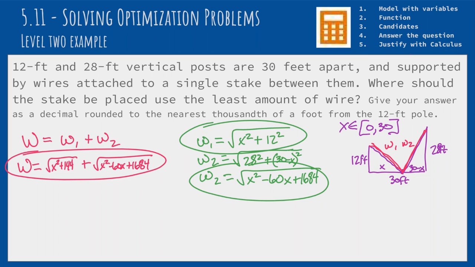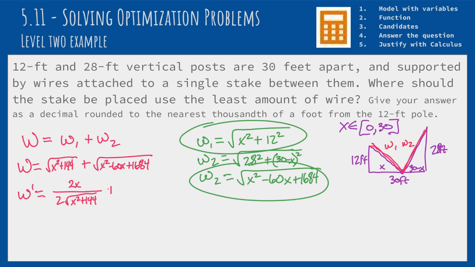So the first thing I'm going to do here is actually take the derivative. This is no different than what we've been doing with the other ones. Keep in mind that the square roots are this expression to the 1/2 power. So when we take the derivative, we're going to end up with something that looks like this. And with the chain rule, we're going to have to multiply by the derivative of the inside.